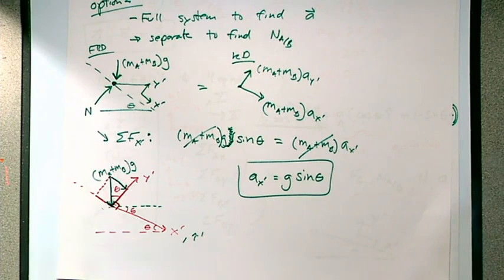Take that, sneak it in here. This becomes g sine theta times cos theta in the i.